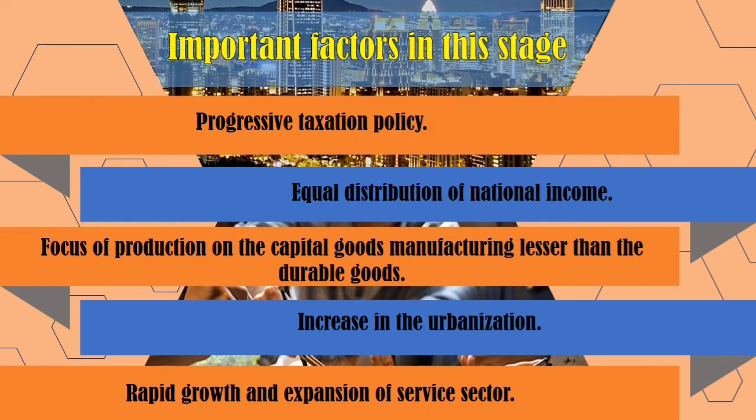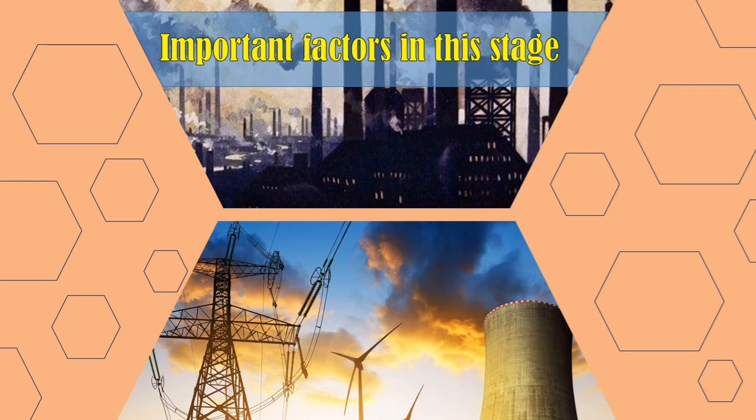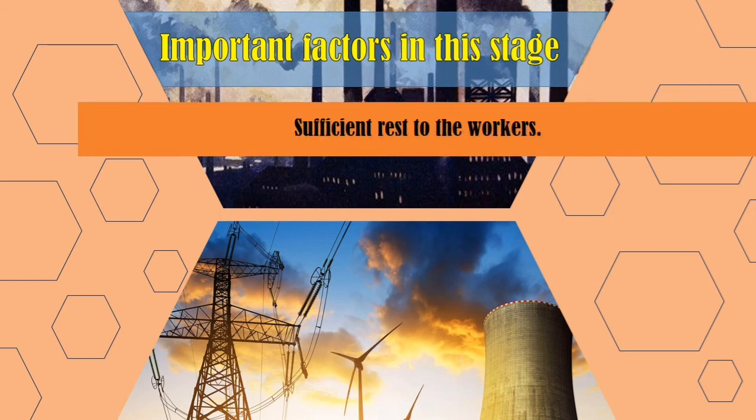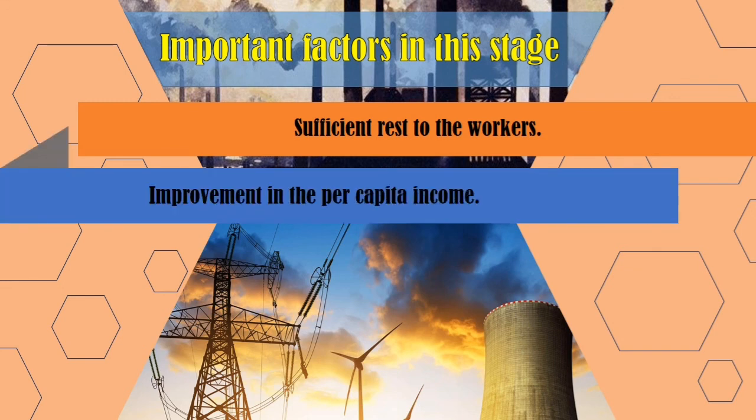And added to this is the progressive taxation policy, or a taxation whose rate increases as the taxable amount increases. And the workers were given sufficient rest, and there was an improvement in the per capita income, or the average income earned per person in a given area in a specified year.